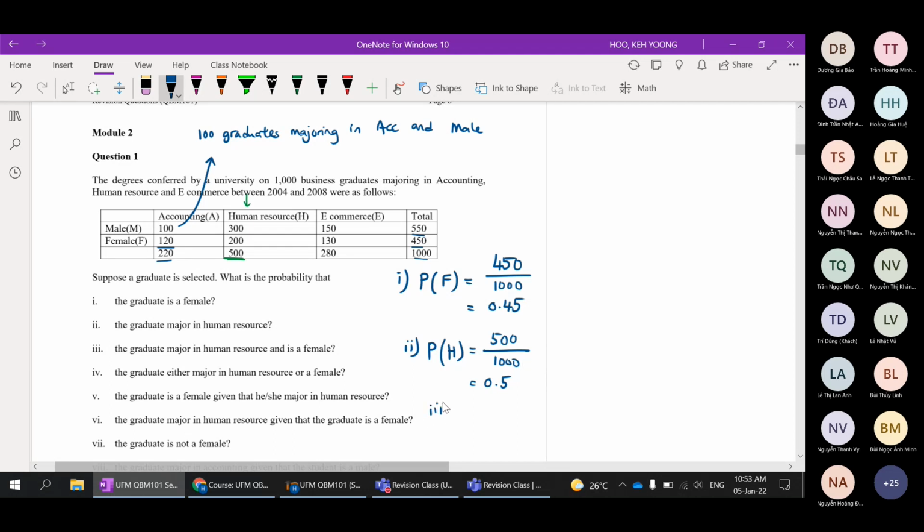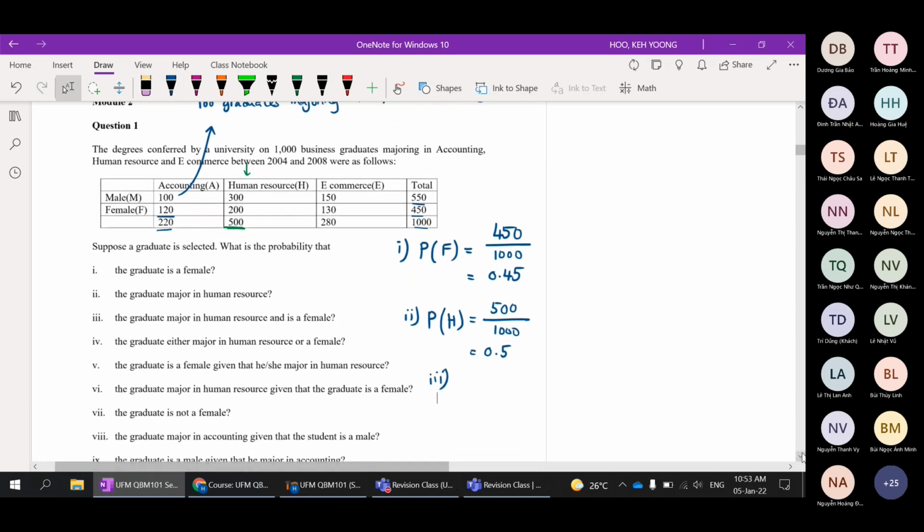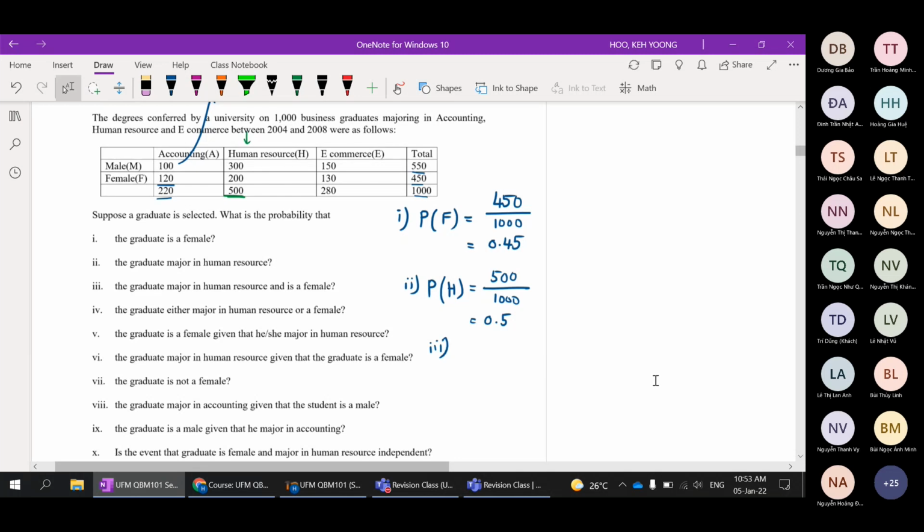Question 3. Majors in human resource and is a female. So you look at the intersection between human resource and female. The number of graduates who major in human resource and are female is 200. So how do we write the answer? The probability of human resource and female.